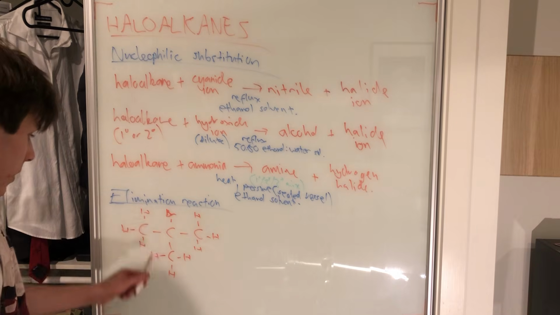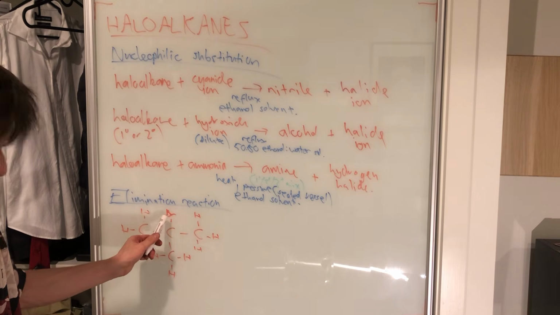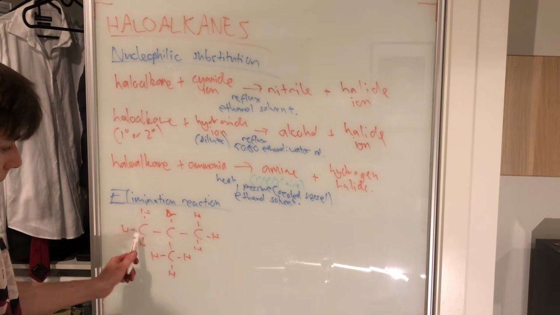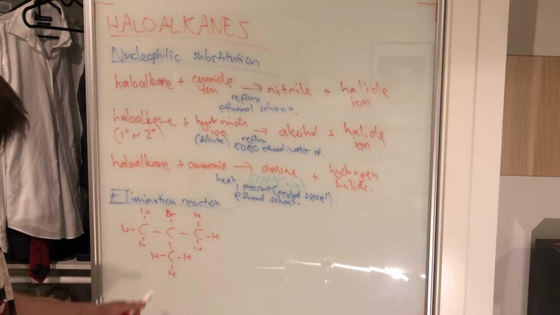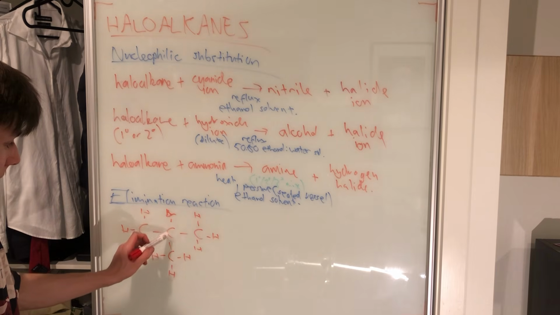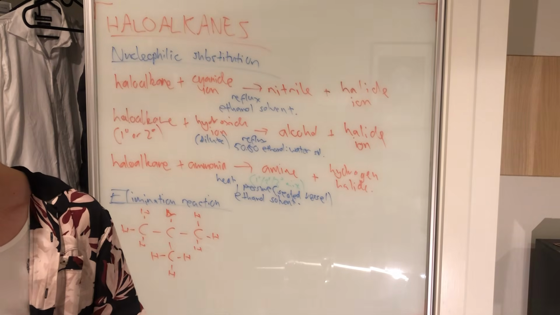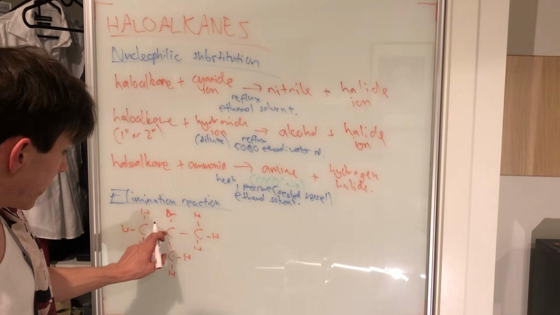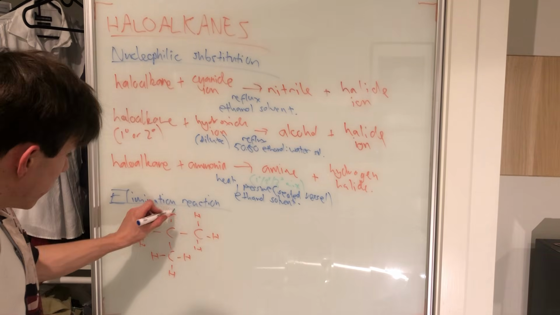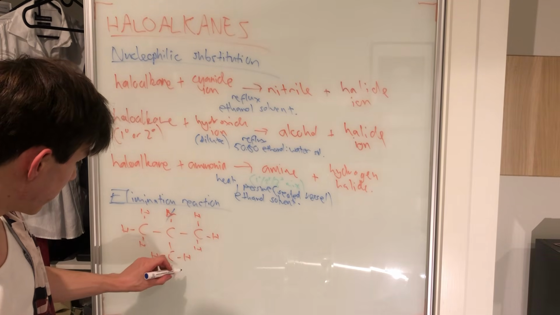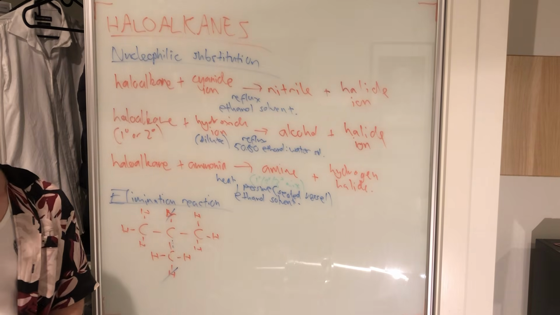We've got 1, 2, 3, 2-bromo-2-methylpropane. Tertiary haloalkane. This carbon is attached to 3 carbons. Now, two adjacent carbon atoms, just like before, we're going to remove an atom from each adjacent carbon atom and put in a double bond.